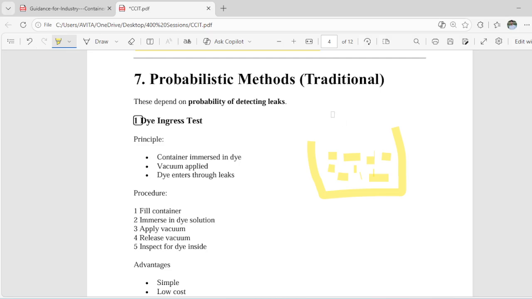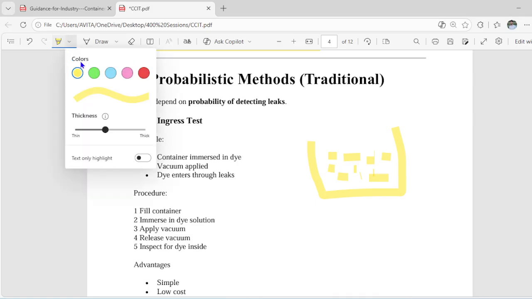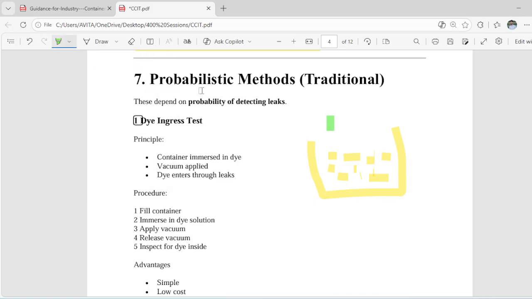Then they will simply immerse their container closure, or whatever the final product, into this dye, and they will check if the dye is able to enter our product.